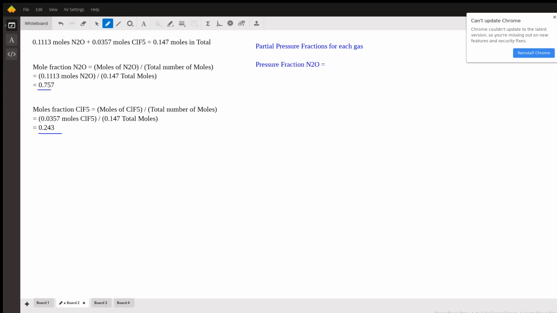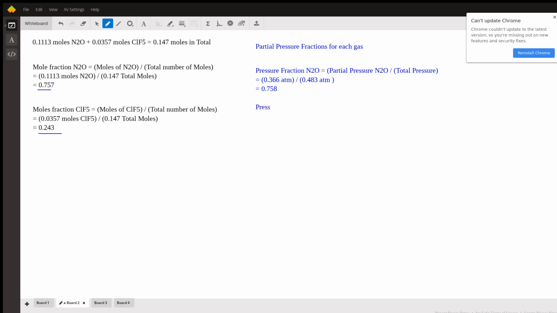So the pressure fraction of N2O would be the partial pressure of N2O divided by the total pressure, which would be 0.366 atmospheres divided by 0.483. So that would be 0.757, or 0.758 if you round it up, but it's a small difference and it doesn't really matter.